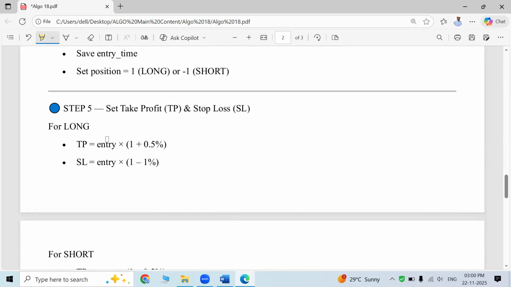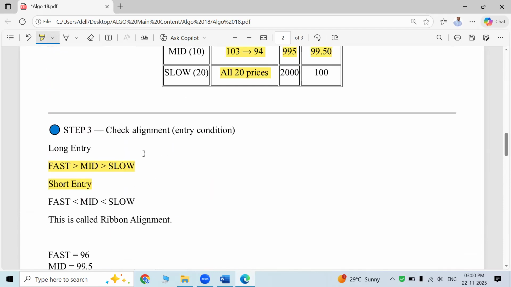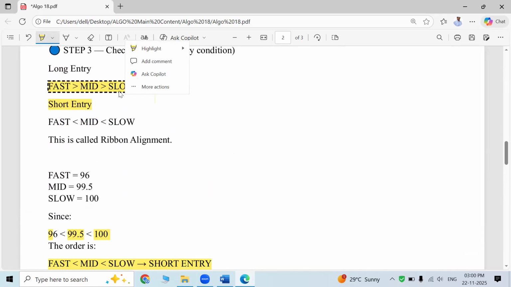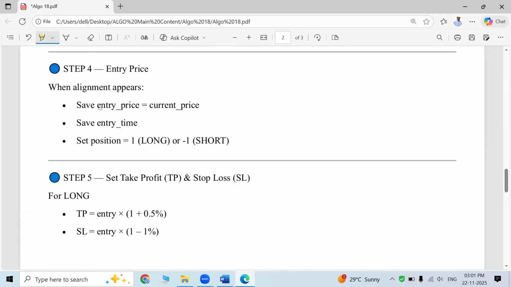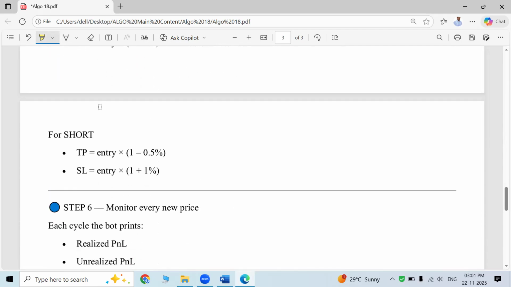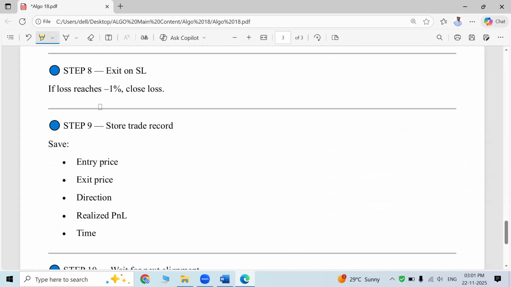SL is 1%; I kept the stop loss in this particular trade at 1%. Or if the trend changes, like if the mid value or slow value changes during the trade and it comes out of the ribbon alignment, that means it will stop trading. Okay, let me show you the exact algo and how it actually works.